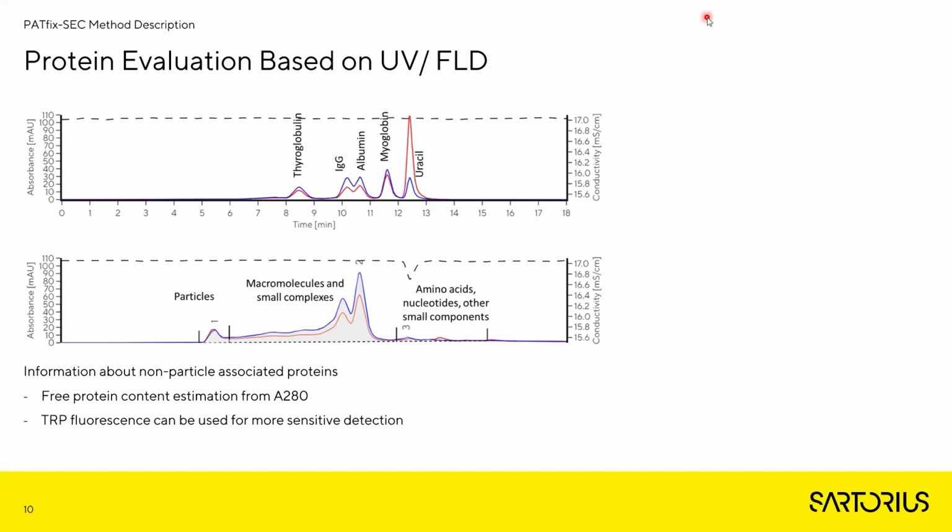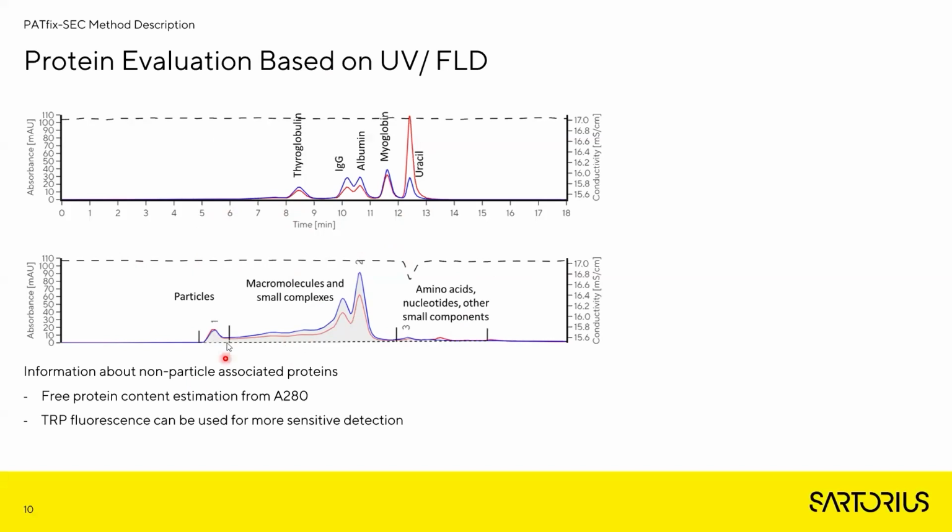If we first have a look at absorbance, here we have two chromatograms showing separation of some protein mix for orientation about the size ranges throughout the elution. The second chromatogram is showing an actual real EV sample.